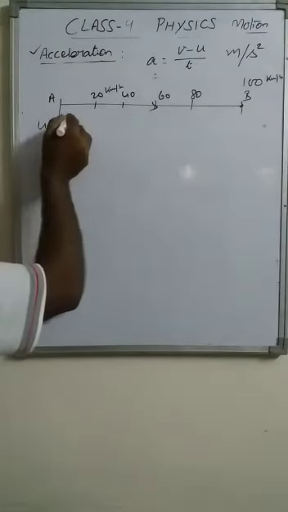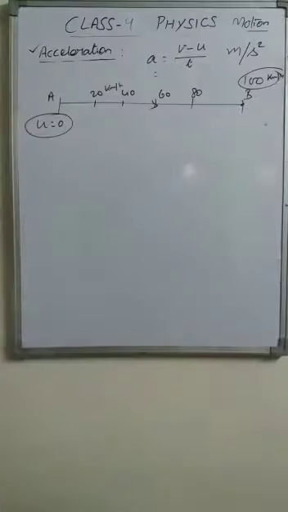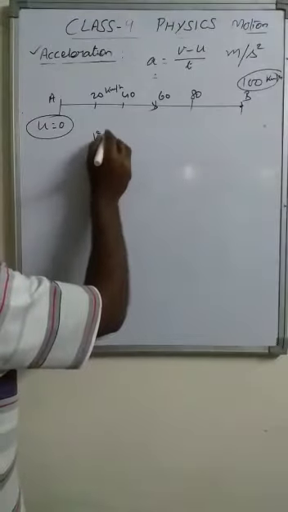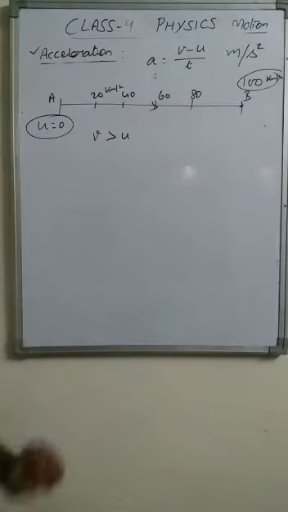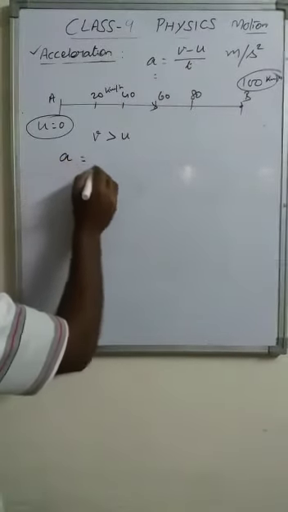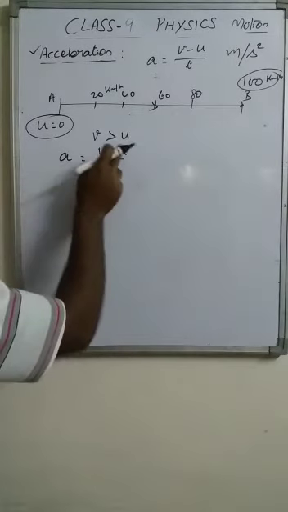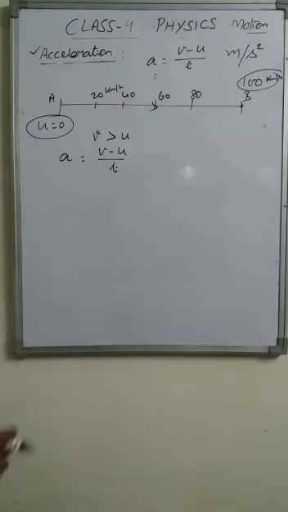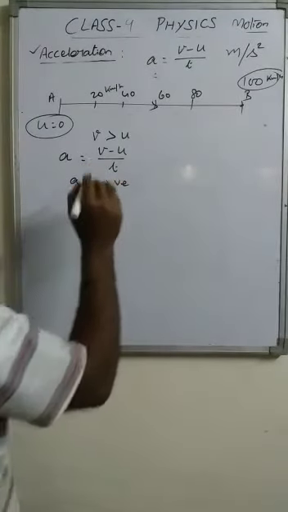You can see v is greater than u. Final velocity is greater than initial velocity. If this is applied in the formula a equal to v minus u upon t, since v is greater than u, we get a positive value, so acceleration is positive.